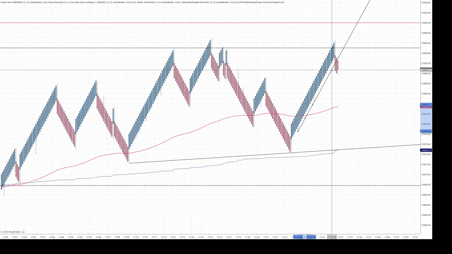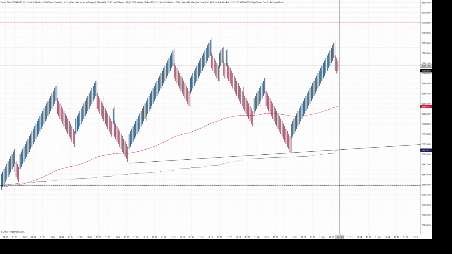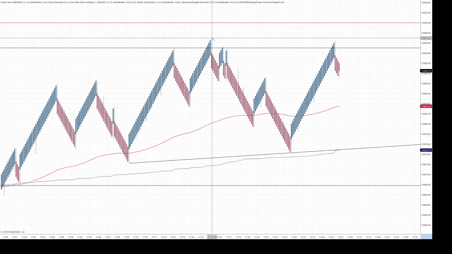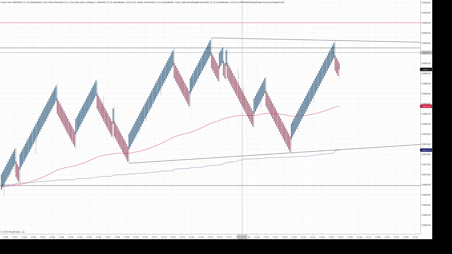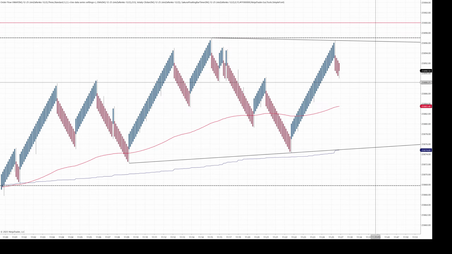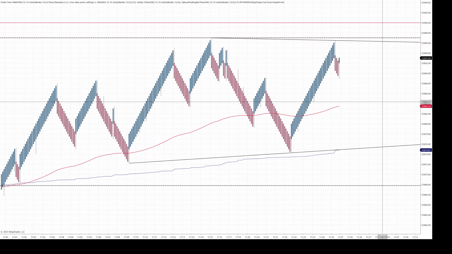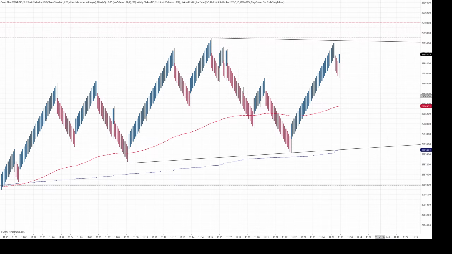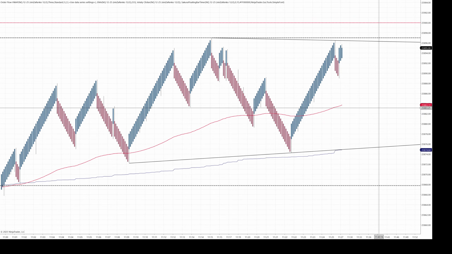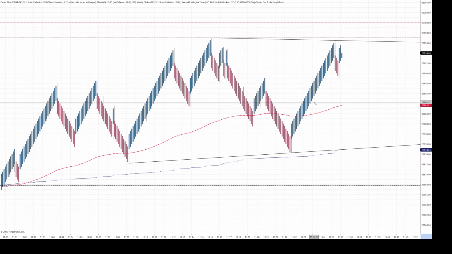Okay, this trend line is negated. We have this downward trend line now, lower high right here. New upward trend line.